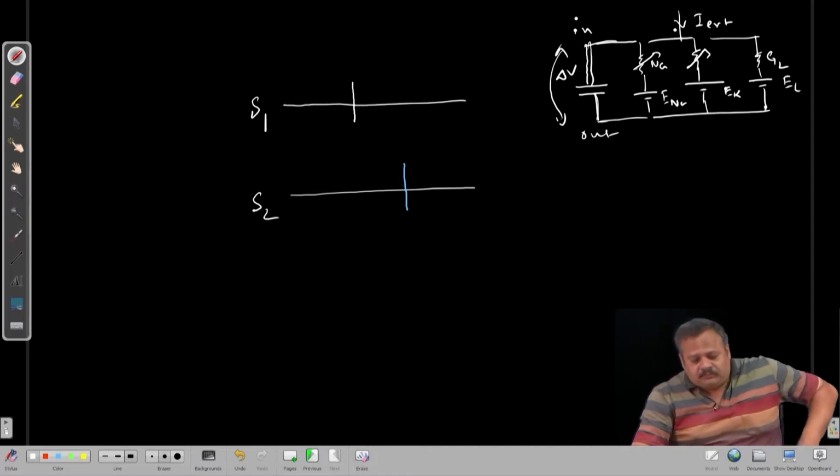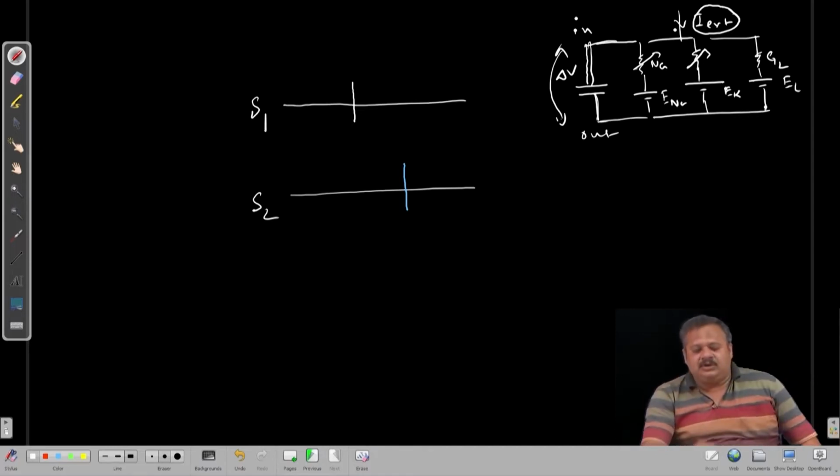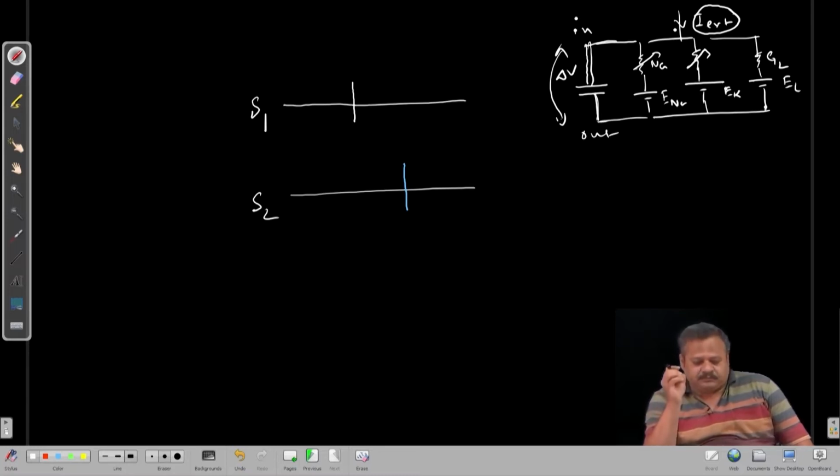So, remember this I external is actually the synaptic input that is coming into the soma after traveling through the dendrites, or if the synapse is on the soma itself, it is the output based on the synaptic currents.